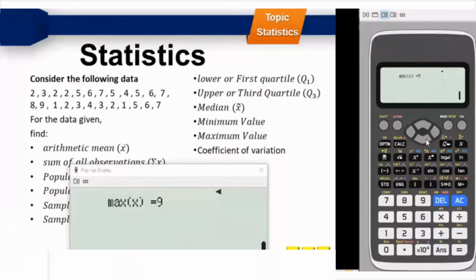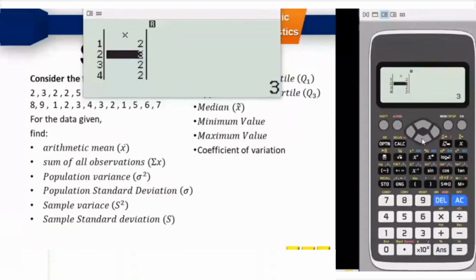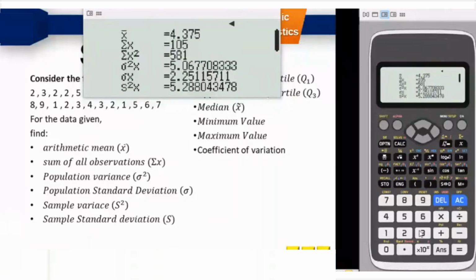If you would have done this manually, it would definitely have taken a lot more time than the time that has been taken to insert this data and find all the answers. I hope this is clear. All I did was enter the data. Once I had entered the data, I pressed the option button, I pressed 3, and automatically everything is done for me.